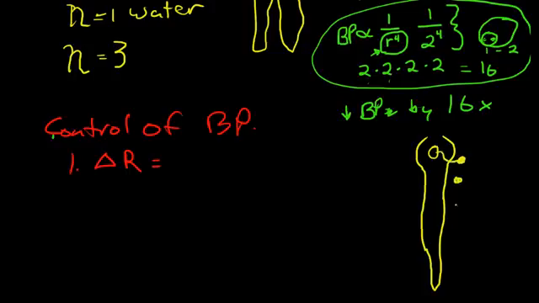Remember, we've got the sympathetic ganglia down here that run alongside the spinal cord, and we send out information to arteries and arterioles around the body.